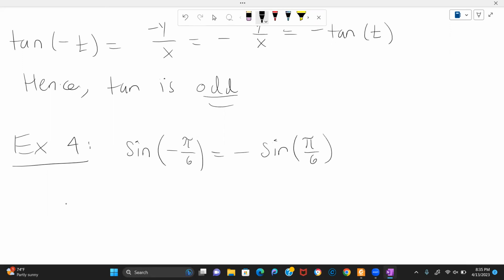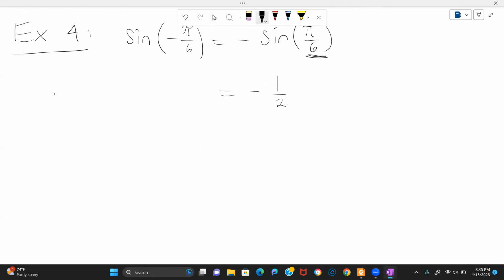And now, I guess at this point you should draw a unit circle. I'm not going to draw it because circles are hard to draw using OneNote. But you should, for your own practice, draw the unit circle so you can figure out what pi over 6 is. Remember, you need to evaluate sine, you need the y coordinate. So in this case, sine of pi over 6 is 1/2, so we're going to have negative 1/2.